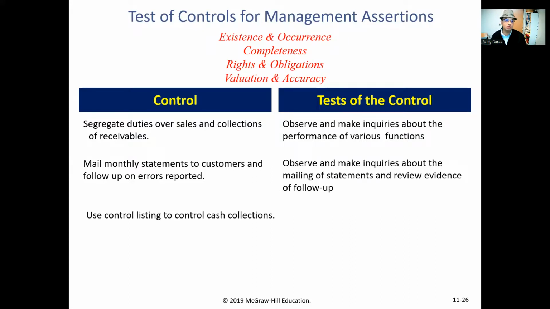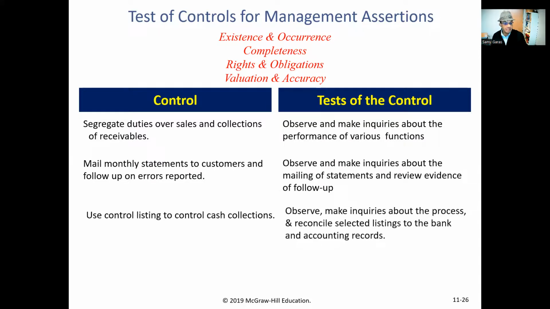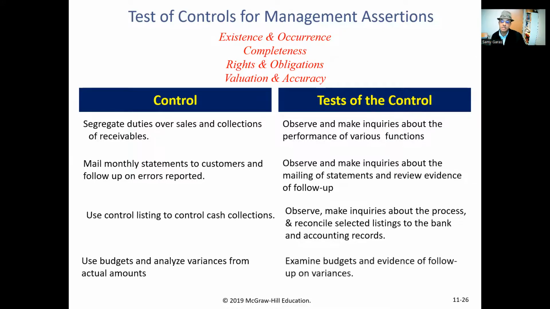Then we use control listing to control cash collection, as you have seen in the previous slides, that we make the cash receipt summary and then the deposit in the bank, and then we record it in the cash journal. So here we ask the management about the process and make some kind of reconciliation. Use budget and analyze variance to make sure that the actual cash is meeting the budgeted cash amount. And here we check any variance.